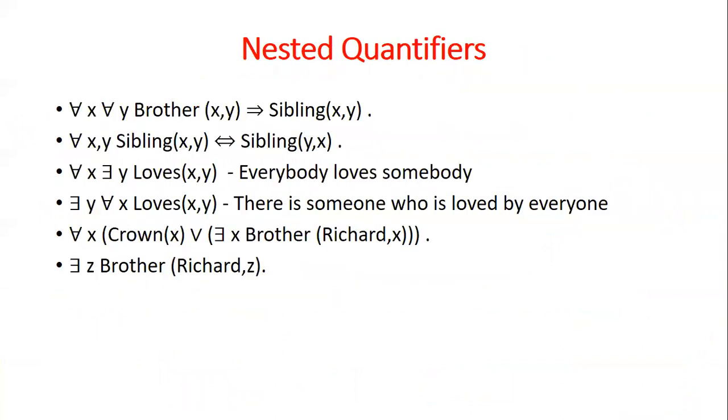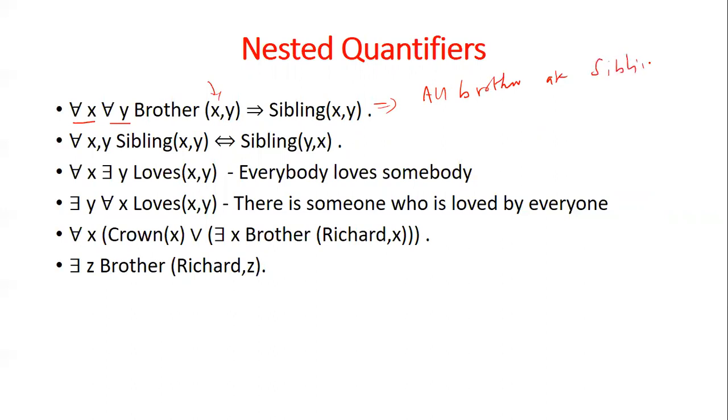Now let us discuss some examples of nested quantifiers. Say, for all X, for all Y, X is a brother of Y implies that X is a sibling of Y. Basically this statement means that if someone is a brother of somebody else, then they are also siblings. So all brothers are siblings.